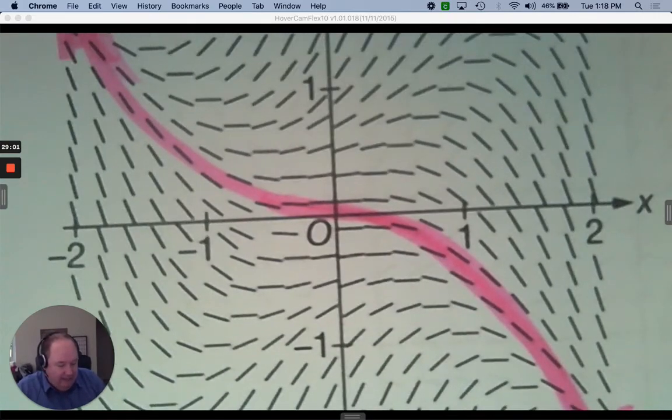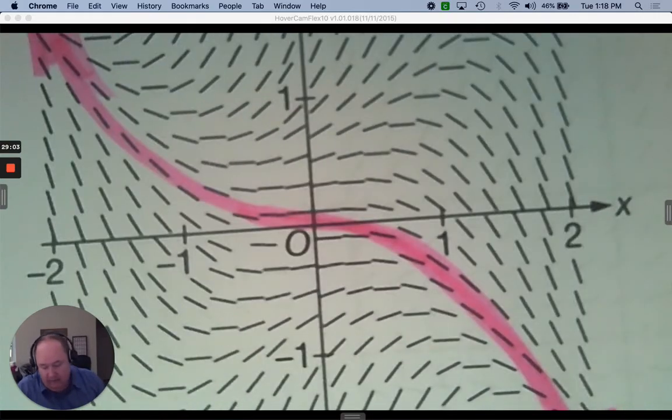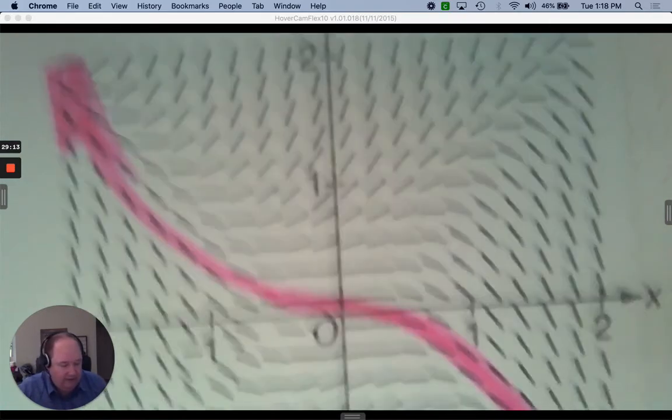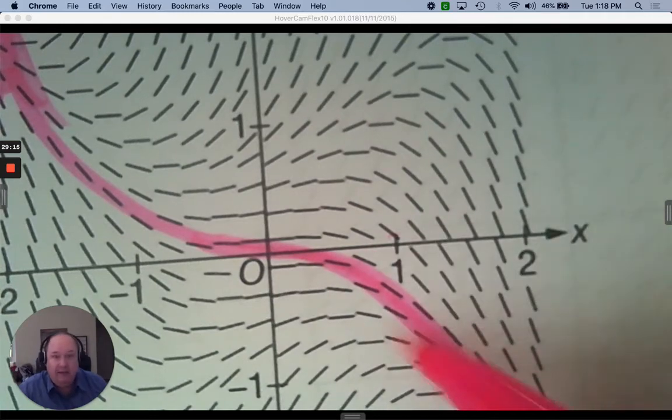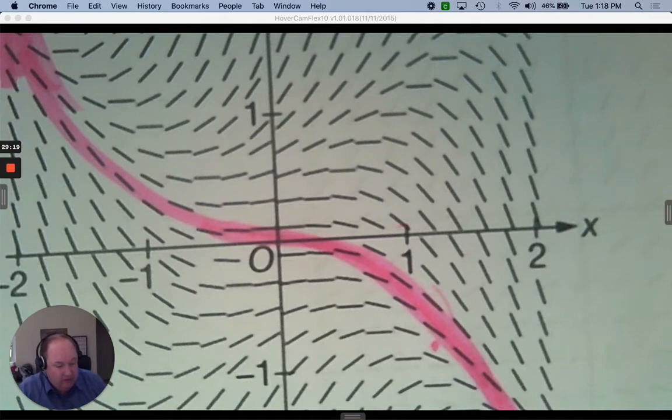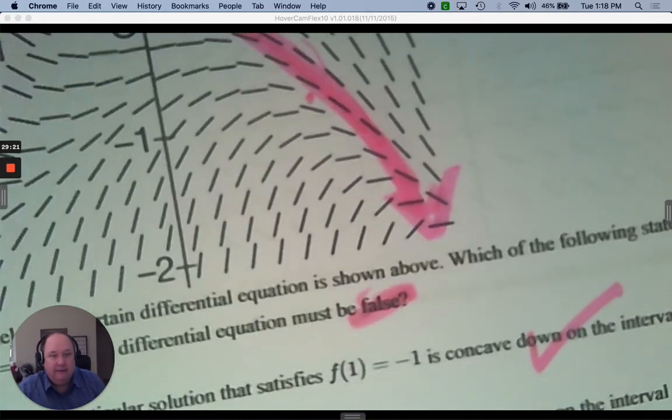And it says the graph of f at 1 and negative 1 is concave down. So can you find 1 and negative 1 and see if it's concave down? Look at 1 and negative 1. Is that concave down right there? Yes. And we're looking for the one that's false, right?